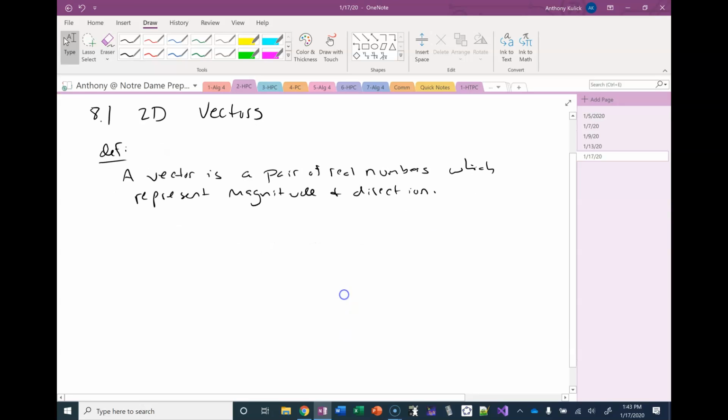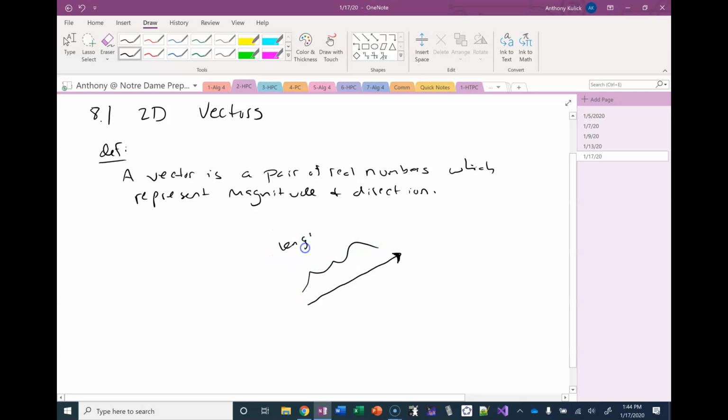So a vector quantity has two components to it. It has a magnitude and it has a direction. So there's lots of different ways that we can represent a vector. One of them is kind of geometrically. So we can draw an arrow pointing in some direction, and this can represent a vector.